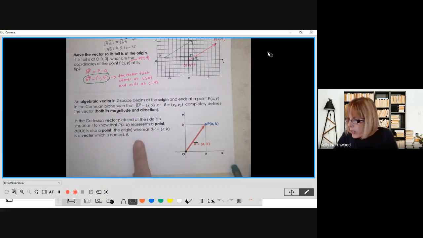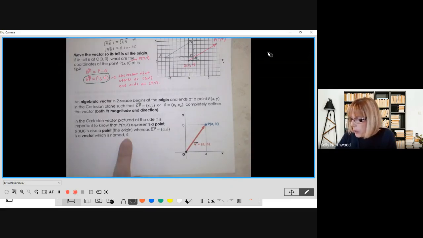So in the Cartesian vector pictured at the side, algebraic vector and Cartesian vector are synonymous, they mean the same thing. It is important to know that the point (a, b) represents a point, and the origin (0, 0) is also a point, whereas OP equals ⟨a, b⟩ is a vector, and we're calling that vector v.